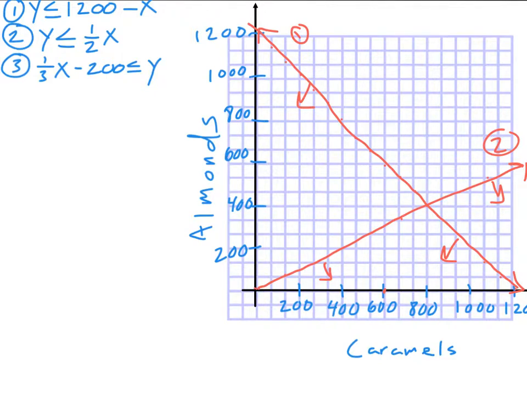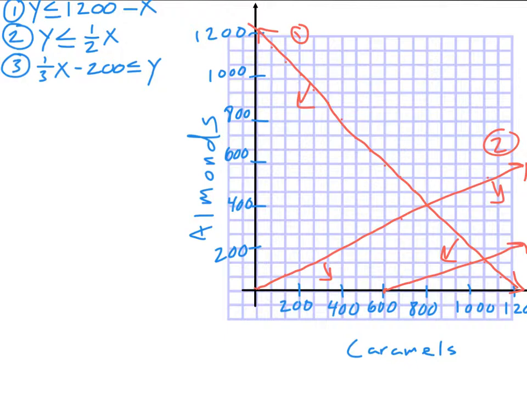So I know that point at 600, 0 will be on this line, the line that forms the inequality. So up 1 over 3 and we would get this.